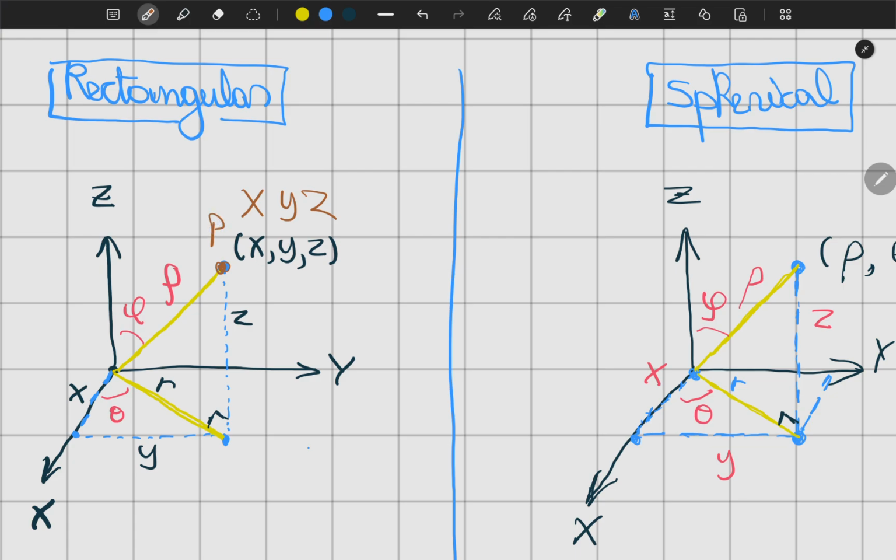So this is one example of a rectangular vector. You can see we have a 3D graph, so we have z, x, and y there.